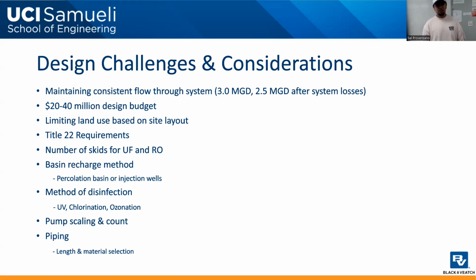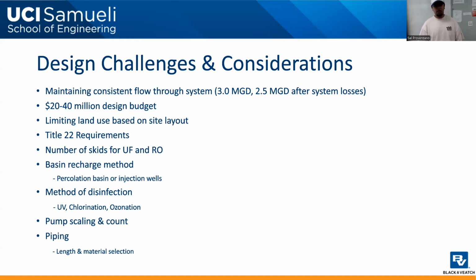For our system, we want to maintain a flow of 3 million gallons per day. And we will have a permeate output of 2.5, not permeate. We will have a treated water output of 2.5 million gallons per day after all the system losses. We have a budget of $20 to $40 million for our design, and we are limited. We had to limit land use based on the constraints of our site layout.